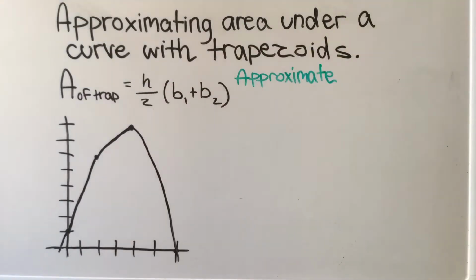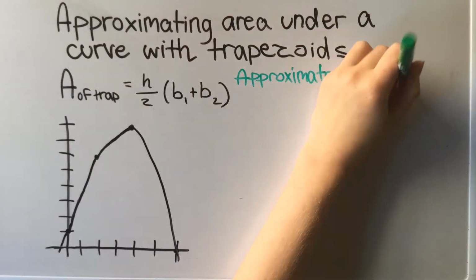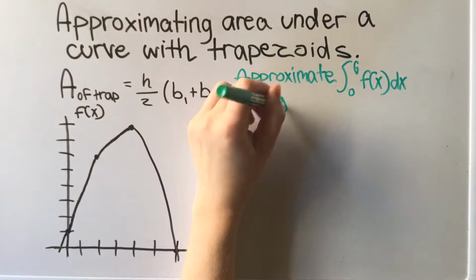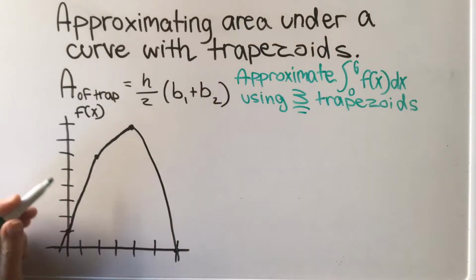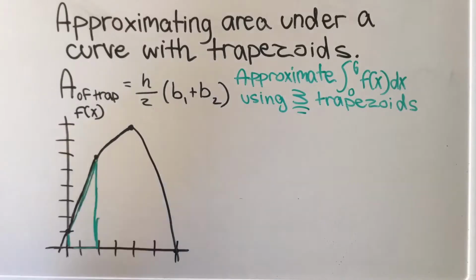So approximate the integral between 0 and 6 of f of x dx using 3 trapezoids. All this problem is asking is between 0 and 6, that's the interval, find the area using 3 trapezoids on that interval. So first thing I did was draw in the trapezoids.